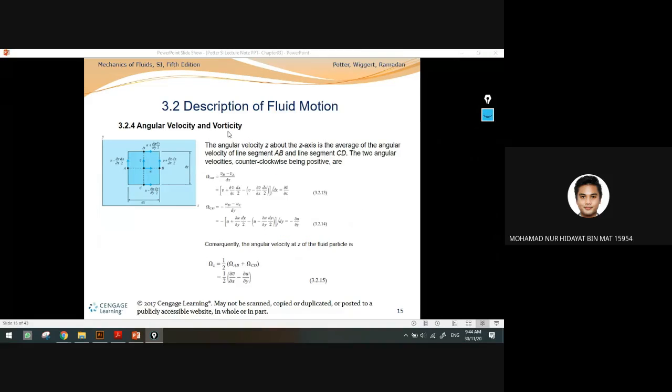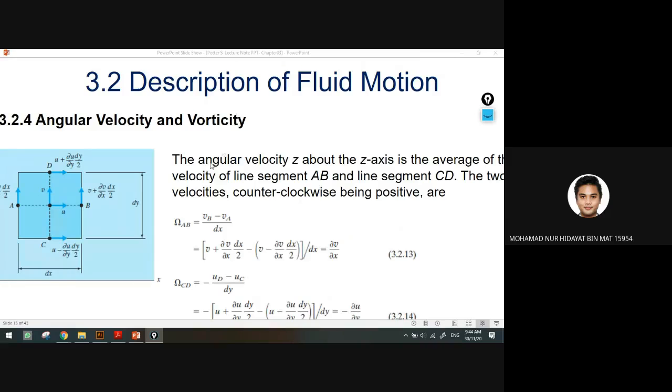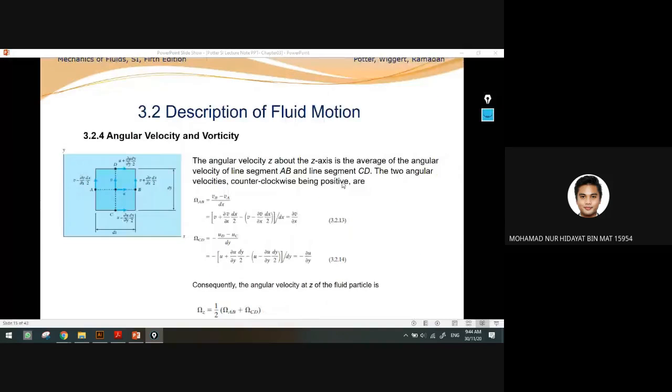For example, this is just for your basic understanding. Now we look at the angular velocity in the z direction, about the z-axis, which is the average.